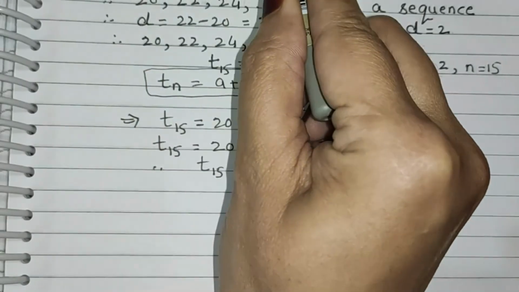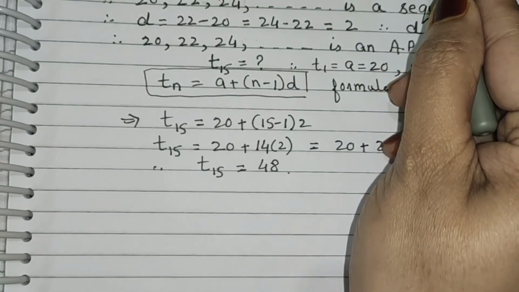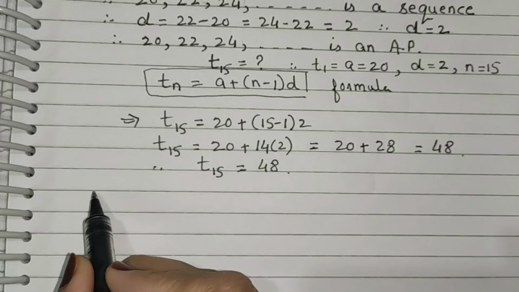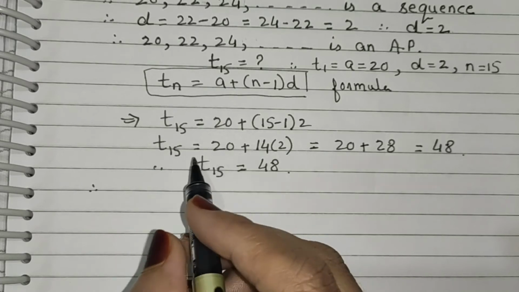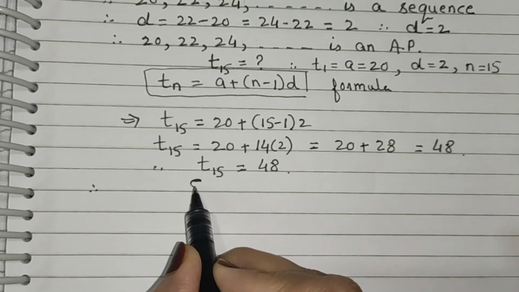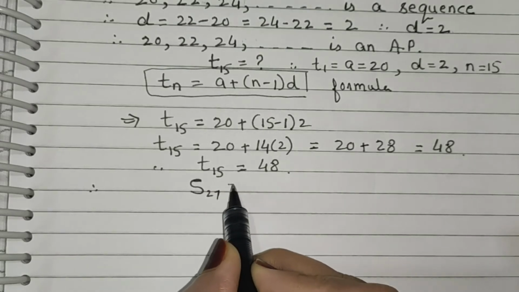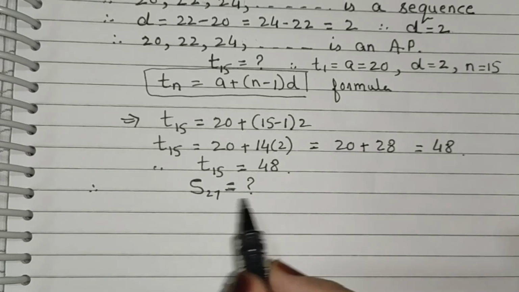Now, in an auditorium, total number of rows are 27 rows. Therefore, our aim is to find total number of seats in the auditorium. Therefore, we have to find S27 because total number of rows is 27.